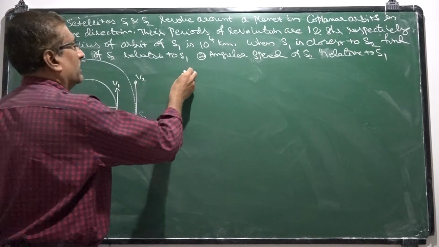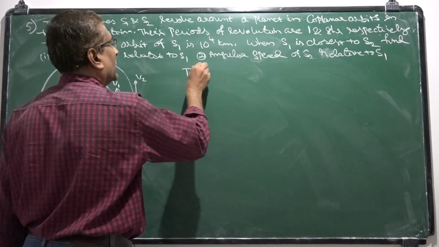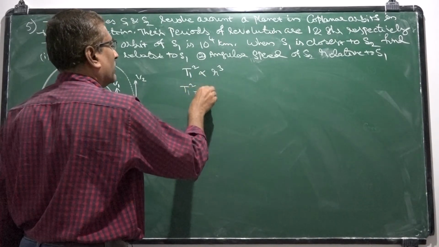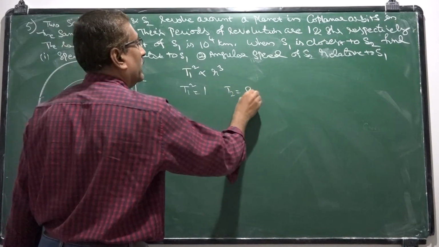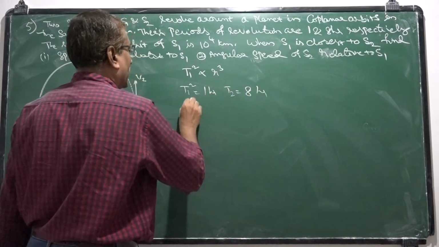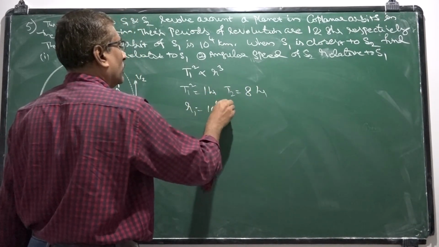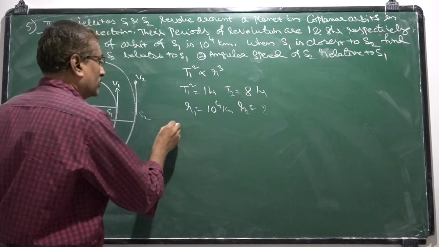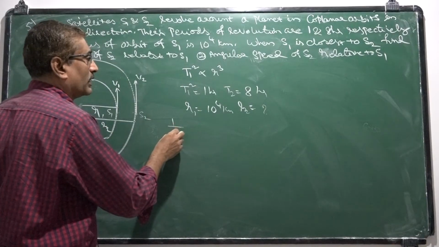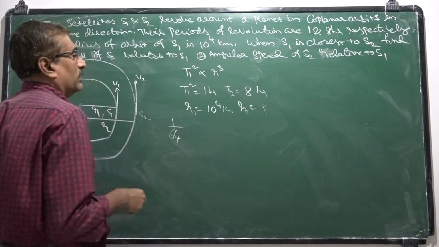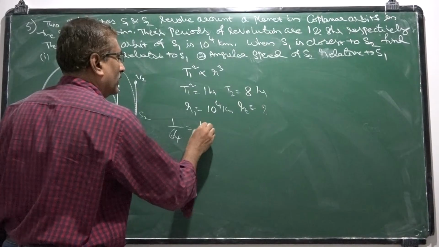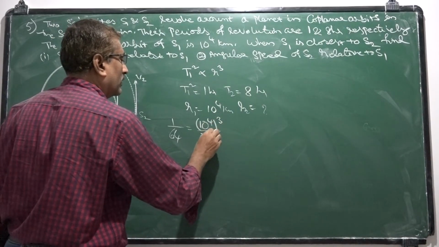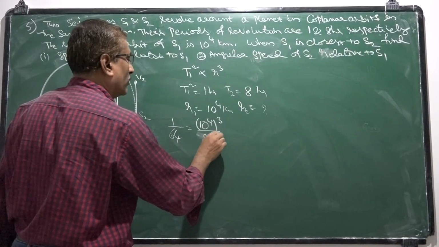But time periods are given. So first we have to use T square proportional to R cube. T1 is given as 1 hour, T2 is given as 8 hours and R1 is given as 10 power 4 kilometer. So calculate R2 first. So 1 by 64 is equal to 10 power 4 whole cube divided by R2 cube.